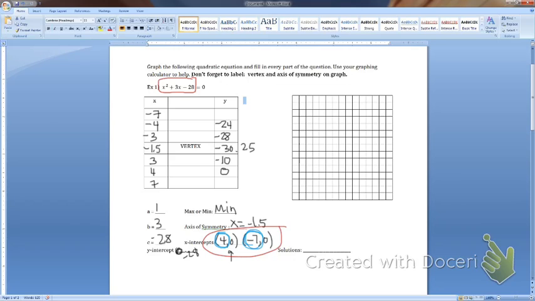All right, so -7 should be 0 if you look on your grid correctly, and +7, if we scroll down on our calculator, should be 42. Now the other thing I want you to do is label this as an x-intercept in here, and this as an x-intercept in here.